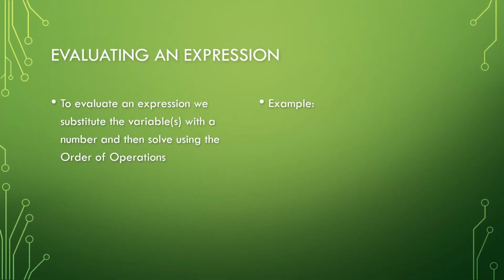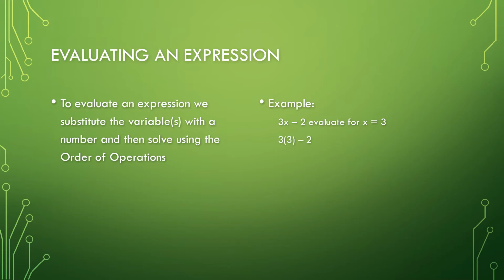Now that we're past simplifying expressions, the second method of solving expressions is evaluating an expression. To evaluate an expression, we substitute the variable or variables with a number and then solve using our order of operations. So for example, if we have 3x minus 2 and we want to evaluate that for x equals 3, we're going to replace x with the number 3.